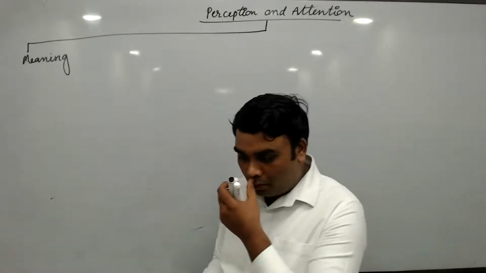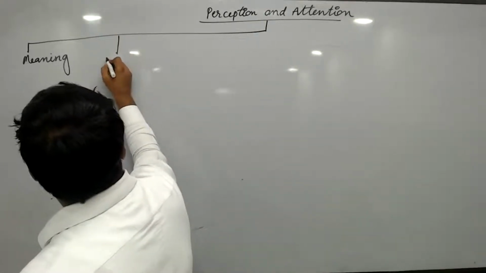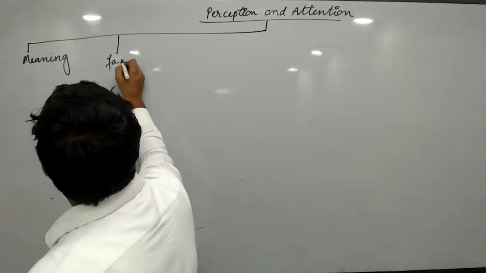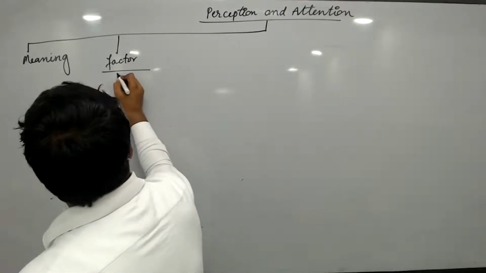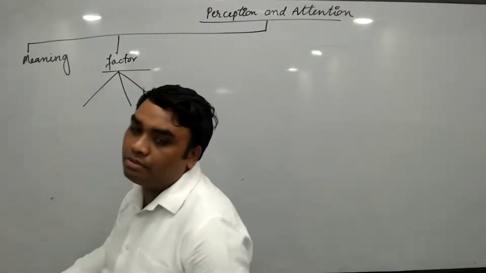One of them is motivation, the other is emotion. Next is factors. There are basically three factors which affect our perception.